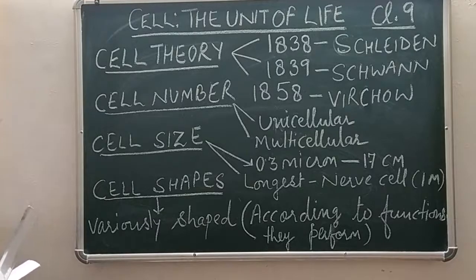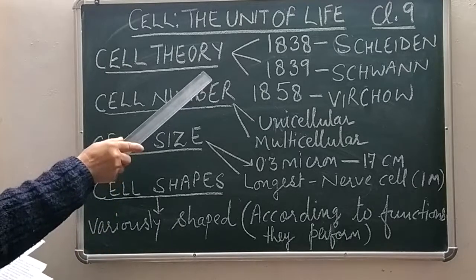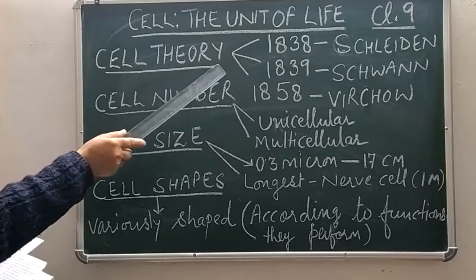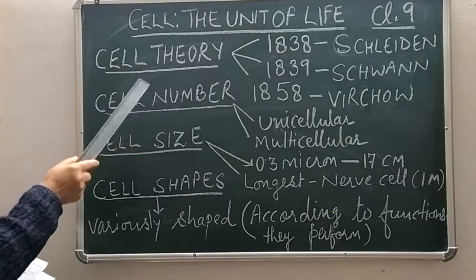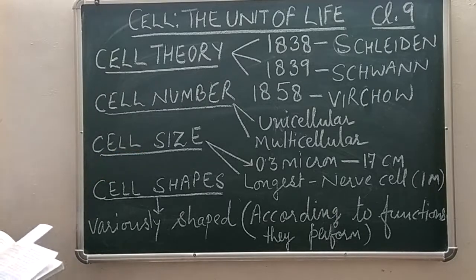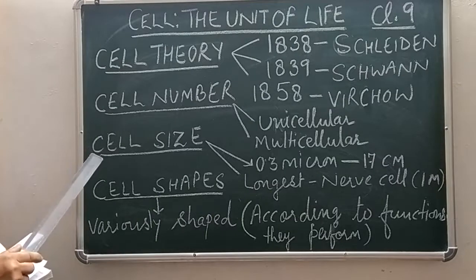As the invention of microscope was done by Leeuwenhoek and Robert Hooke both, it was very easy to study cell under the microscope. In 1838, Schleiden said that the cell is the smallest unit of all living organisms.